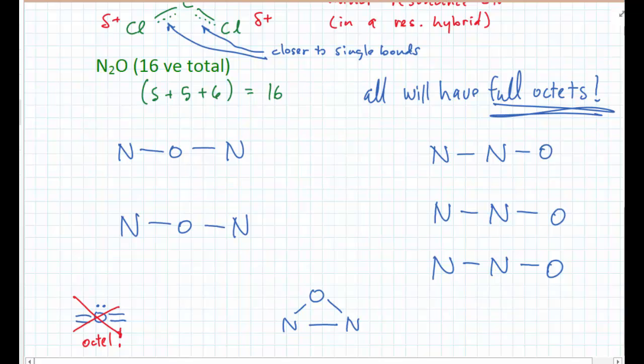If you've drawn a structure, look at every atom to make sure that every atom has 8 electrons, either as dots or shared in part of those bonds. About 12 on that O right there.